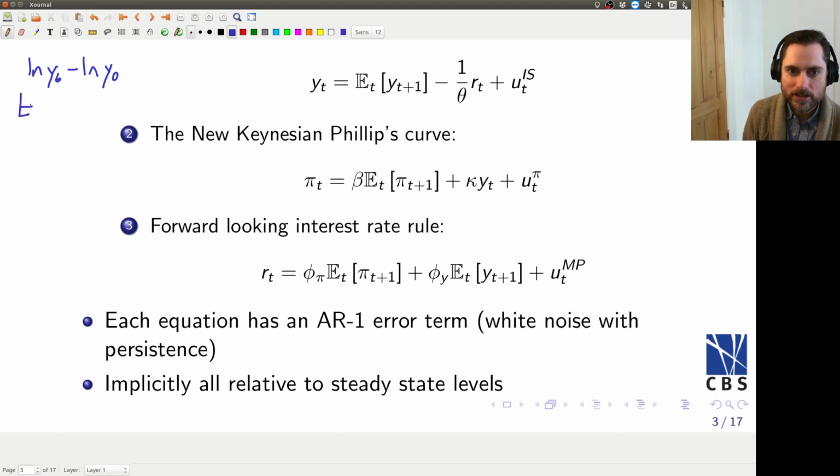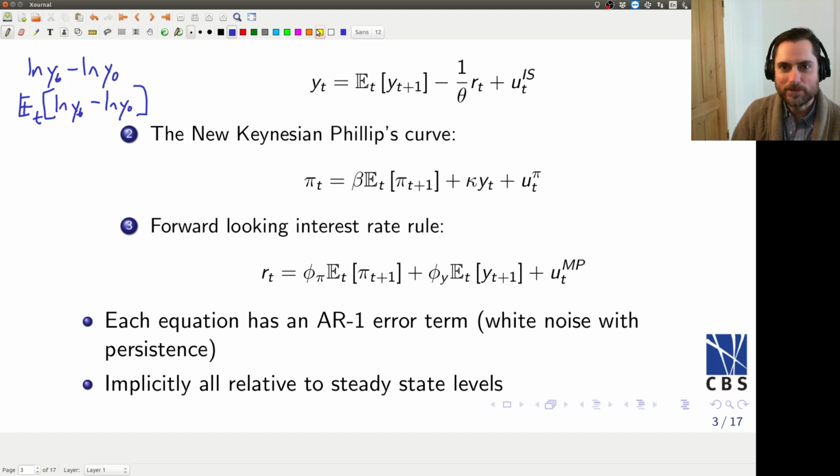So for instance, what we mean by this term here is actually the expectation of the log of yt minus the log of y0, et cetera, et cetera. So that's just something to remember.